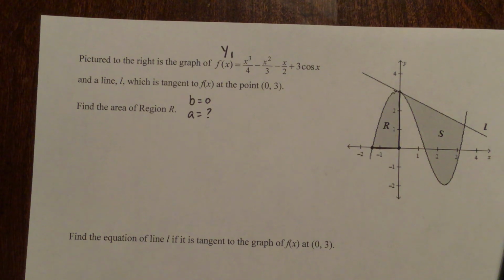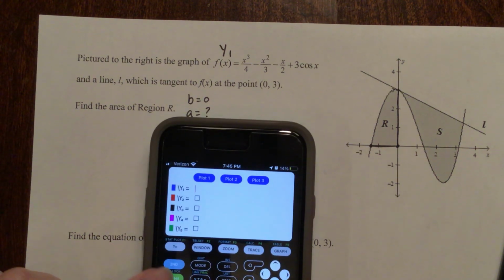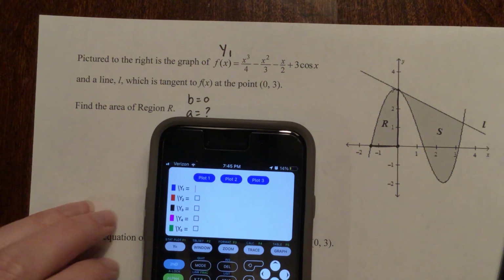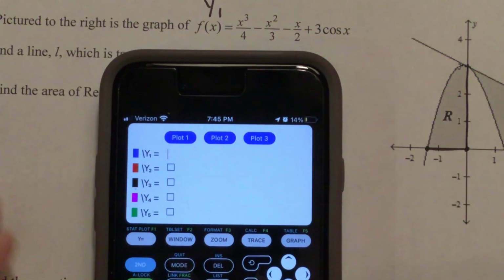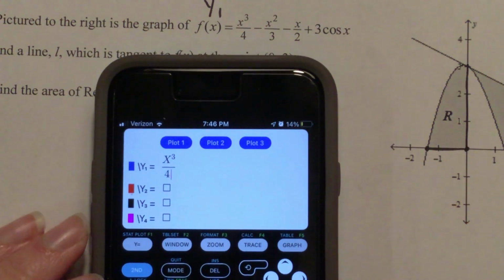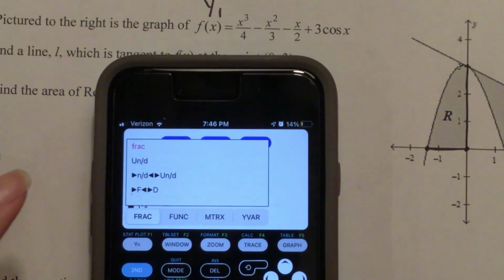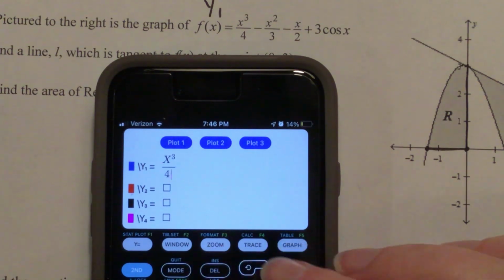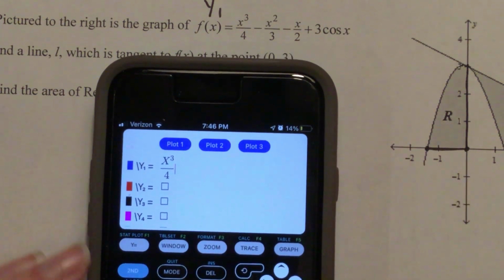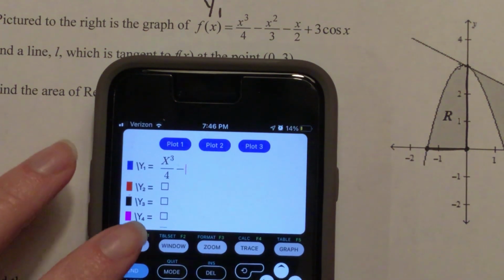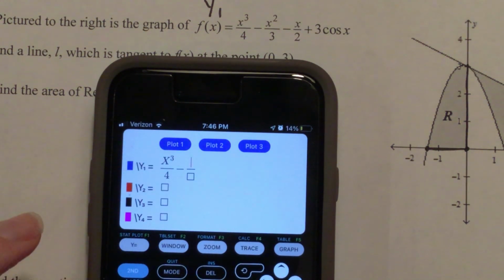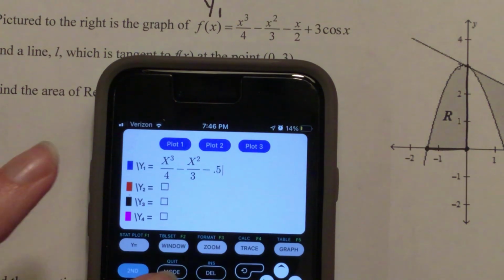Clear all that out. All right, we're going to do the x cubed over 4. You guys see that? Kind of. Alpha y equals gets me a fraction, so we got x cubed over 4 minus, alpha y equals, to the right, minus alpha y equals, enter, x squared over 3 minus 0.5x.